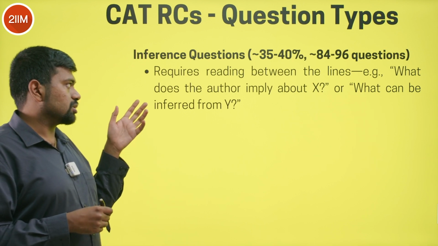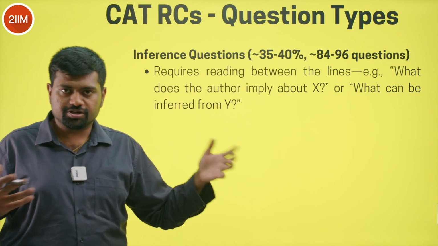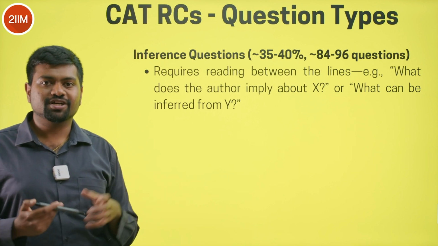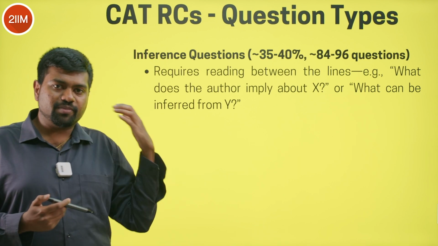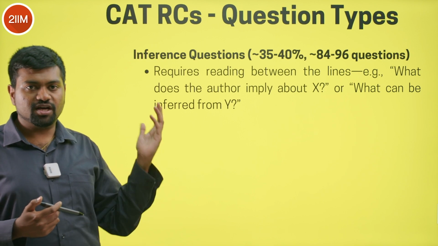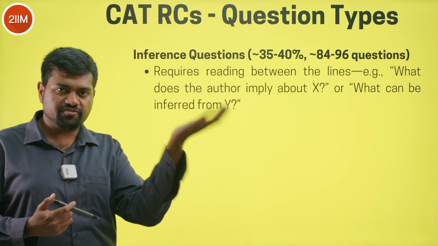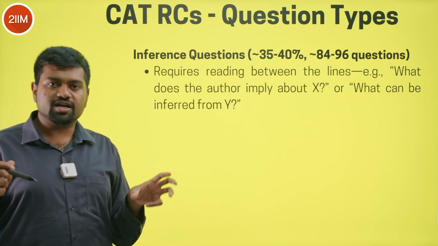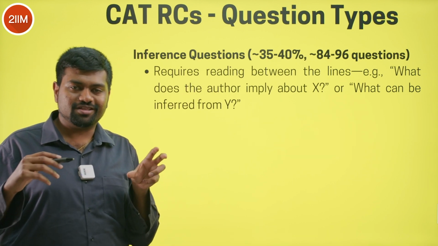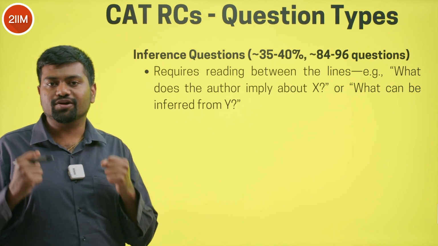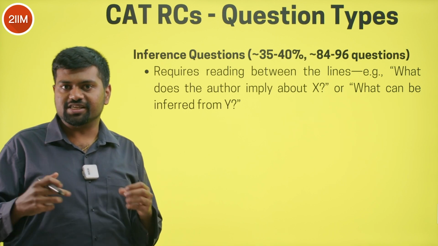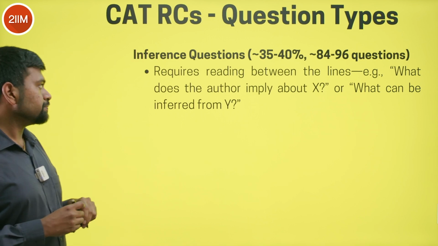Inference questions are quite heavy. 35 to 40% of the questions are inference questions. And if you consider the fact that main idea is nothing but a kind of inference, that number suddenly shoots up to 60, 70%, almost 75%. So you understand how important the skill of inferring what the author is saying is.